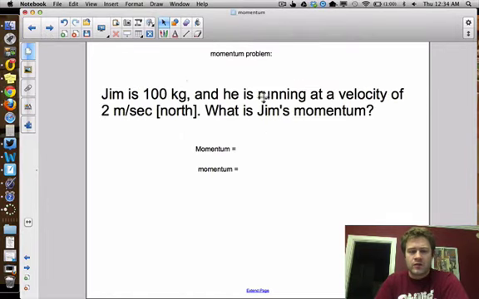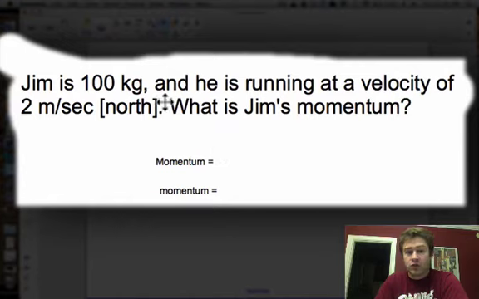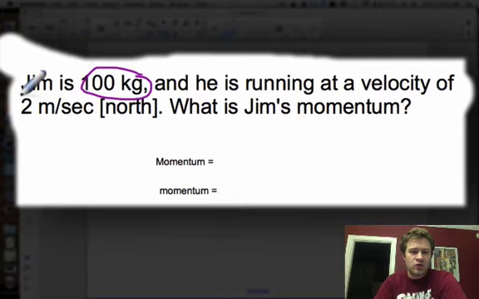Our example problem: Jim is 100 kilograms and he is running at a velocity of 2 meters per second north. What is Jim's momentum? We need to remember, what is my mass and what is my velocity here? Jim is 100 kilograms and he's traveling at a velocity of 2 meters per second north.